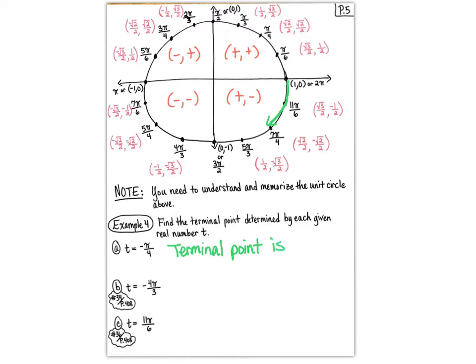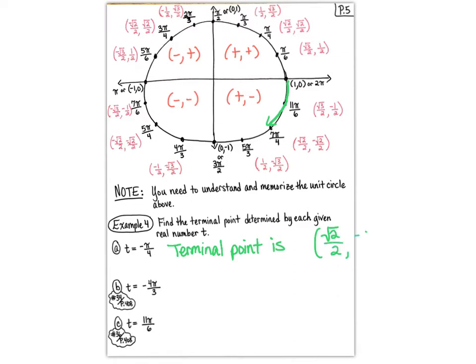What's our terminal point? I can't hear you. Root 2 over 2, comma, negative root 2 over 2.